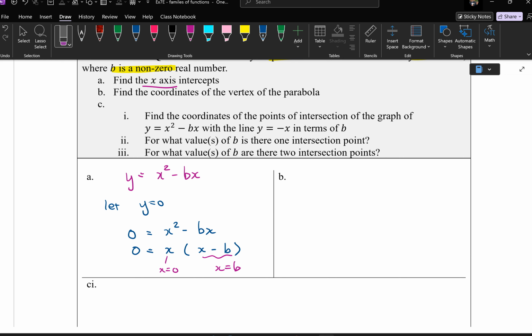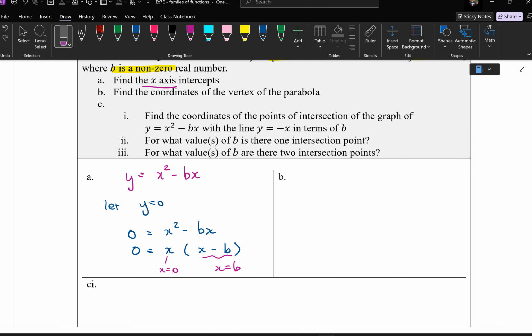It's just part of my writing now that I spell out everything I do, especially when it comes to inverses as well. I make sure I say let y equal to f inverse, define inverse, f of y equals x, and then I do it. I don't just jump in and swap the x and y's. So it's just more for exams. When you're doing it normally, it doesn't matter, but in exams, it does.